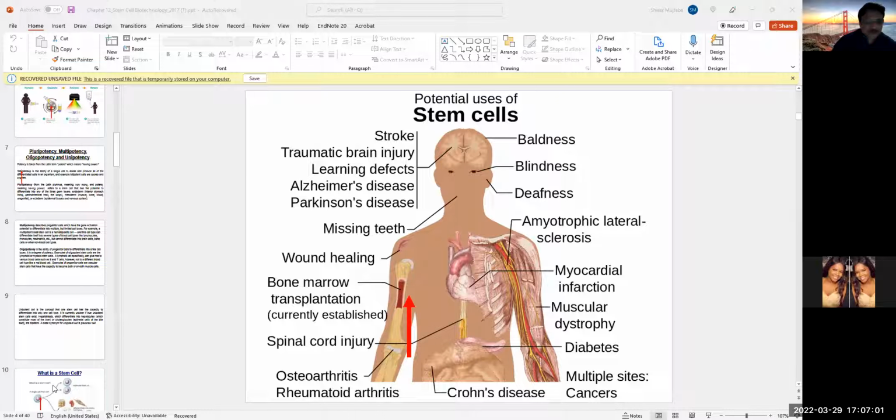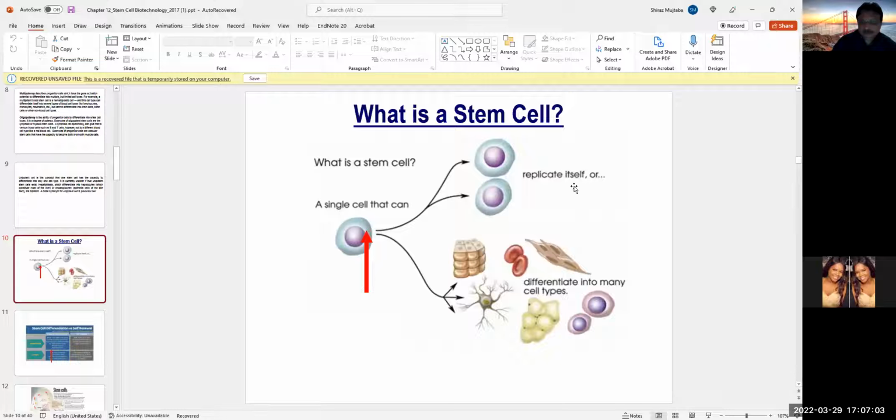Stem cells replicate and differentiate, but they need the right climate to develop into brain cells. It needs different stimulation, different growth factors, different vitamins, different interleukins, and so on and so forth.